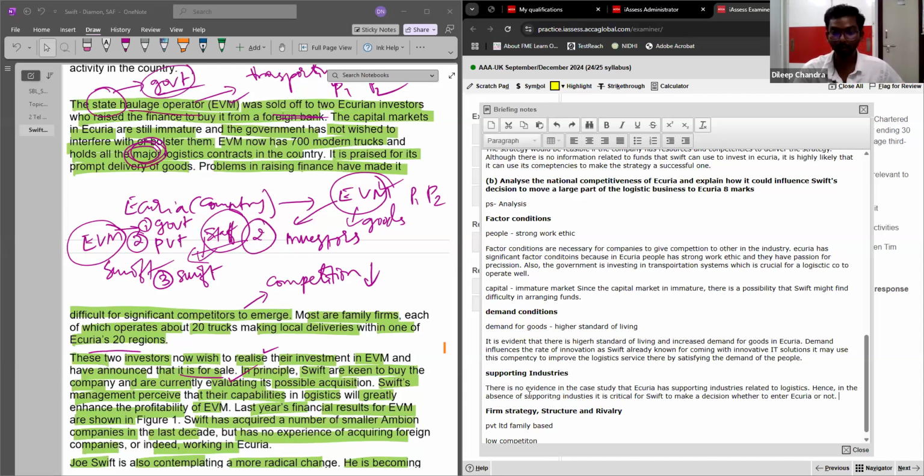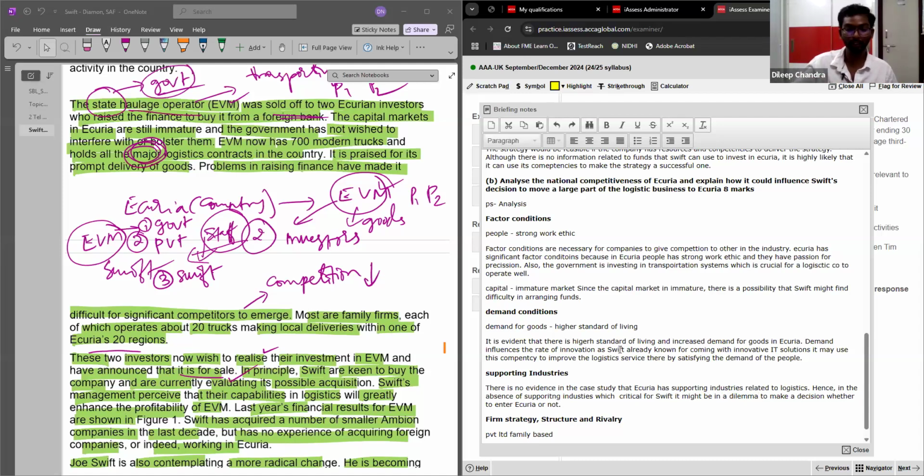Hence, in the absence of supporting industries, it is critical for Swift. It might be in a dilemma to make a decision whether to enter ACCA or not. Supporting industries have to be there, right? So for this logistics, supporting industries should be there.